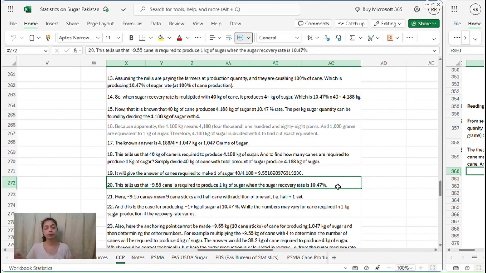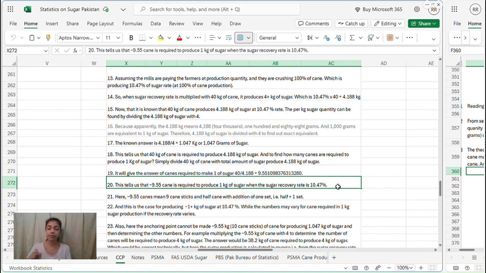We divided the 4 kg by 4 to get 1 kg of sugar, and from 1 kg of sugar we wanted to find out how many canes were used to produce it. So we found out from that reference point of 10.47% that 1 kg of sugar will require approximately 9.55 kgs of cane.